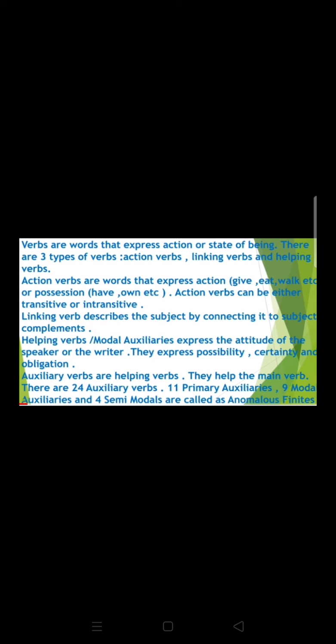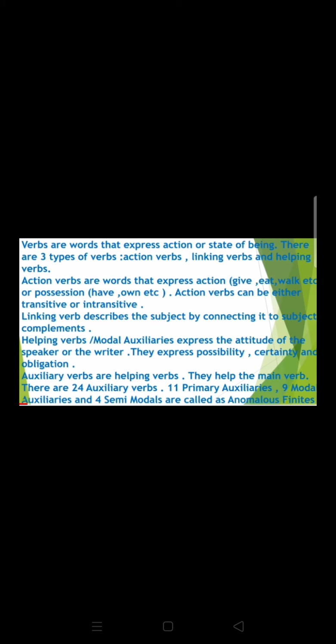Linking verb describes the subject by connecting it to subject complements. Helping verbs or modal auxiliaries express the attitude of the speaker or the writer. They express possibility, certainty, and obligation.